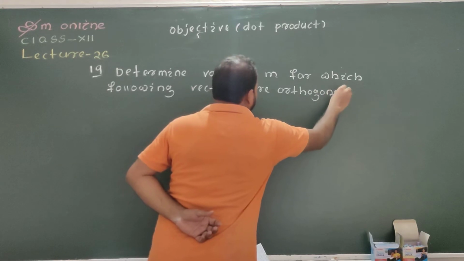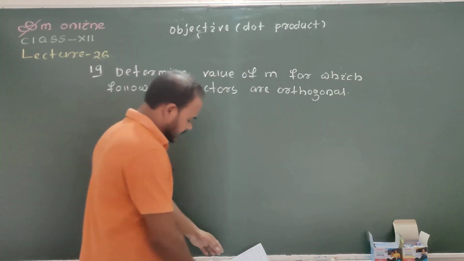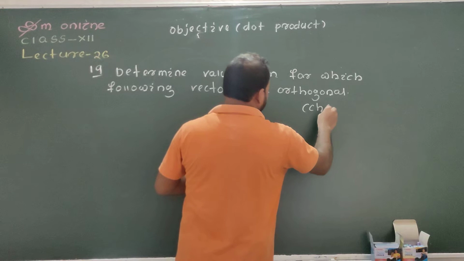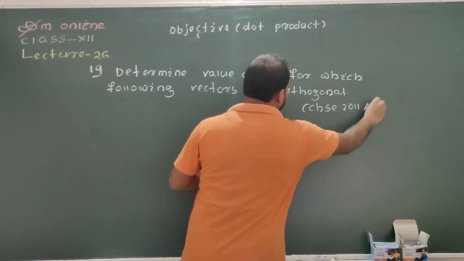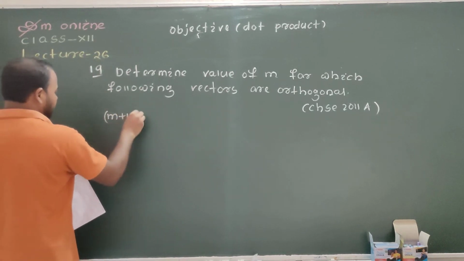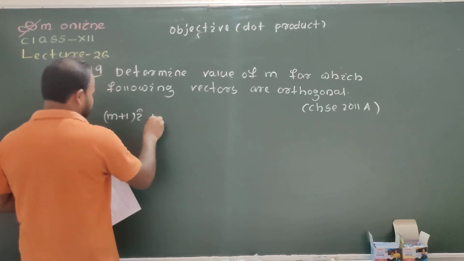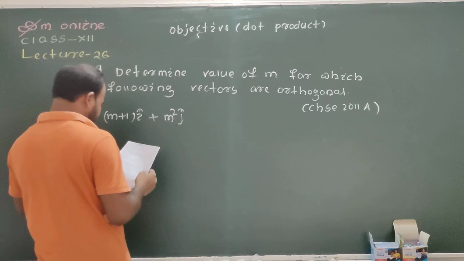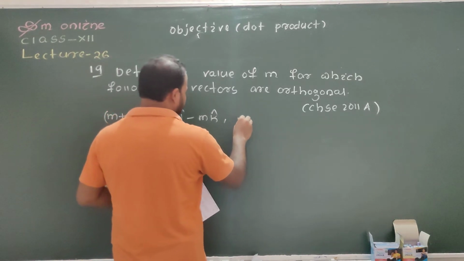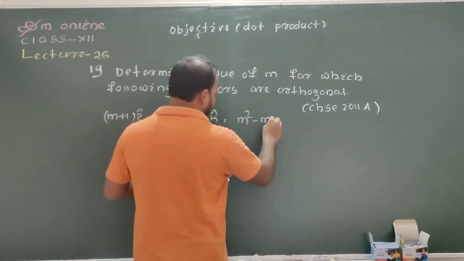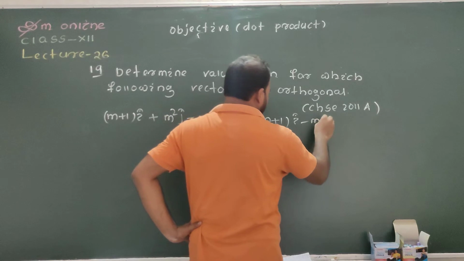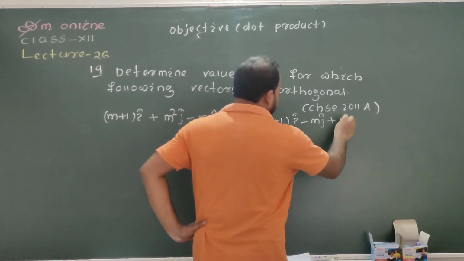Orthogonal means perpendicular. Okay. Now the vector from the CHSC exam, 2011 annual: m plus 1 into I cap plus m square j cap minus m k cap, and m square minus m plus 1 into I cap minus mj cap plus k cap.